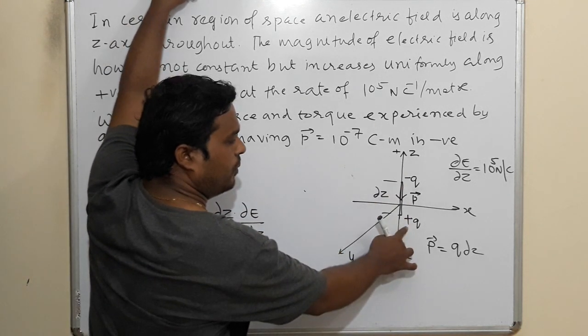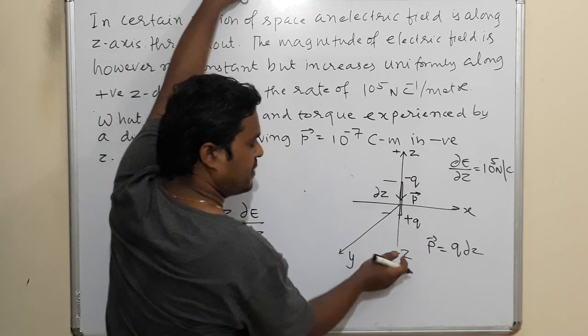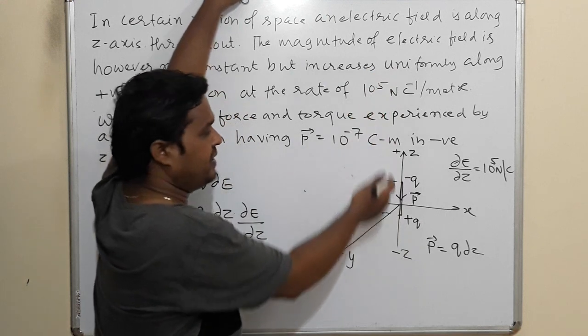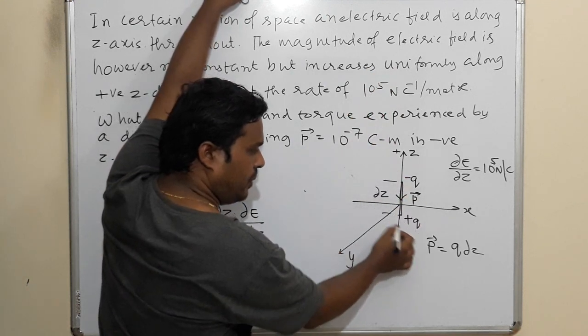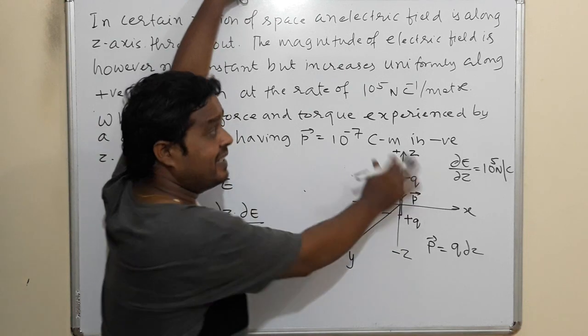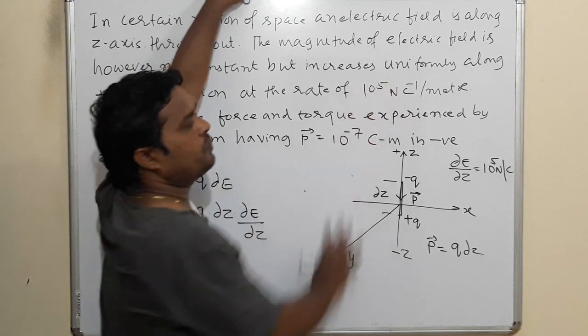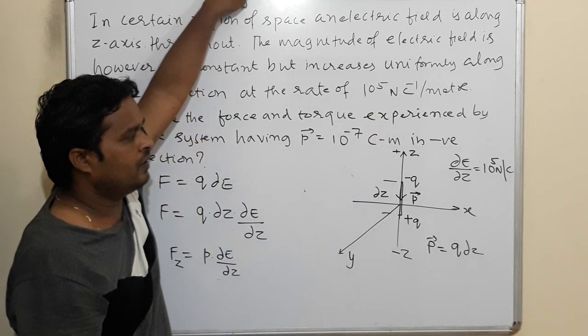Here field is increasing. That means here field will be less, here field will be more. See, field is increasing along z direction, which means here the field will be less. This is weak field region, this is strong field region. This is a non-uniform electric field because it is increasing at the rate of 10 raised to 5 Newton per coulomb per meter.